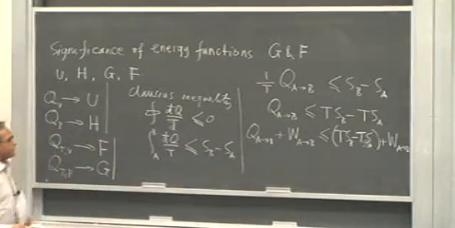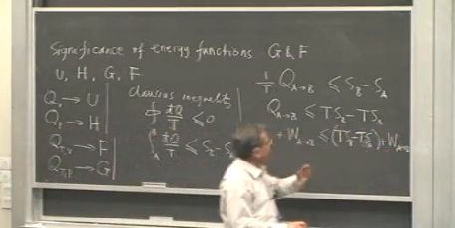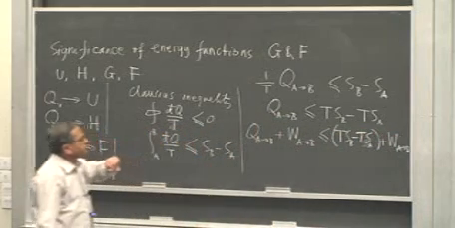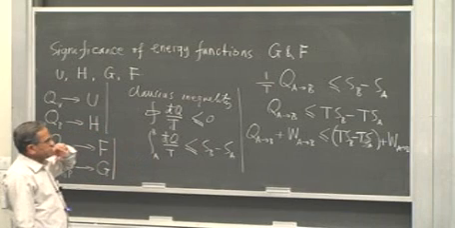Alright, so I could write DQ, I could write DW over here, but I'm just writing this as DQ and this quantity.